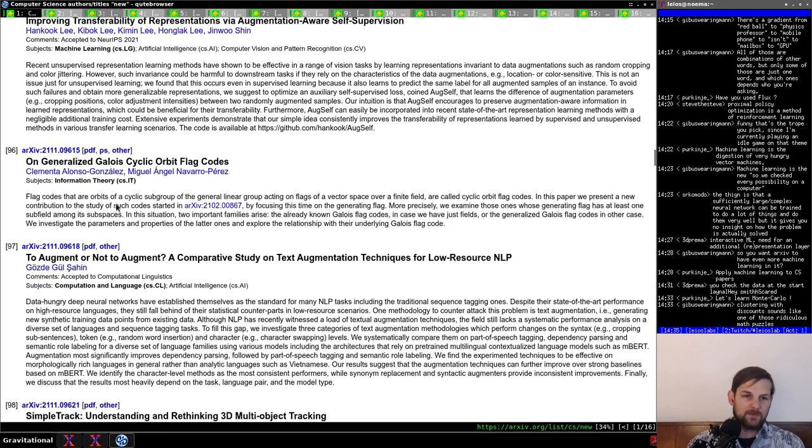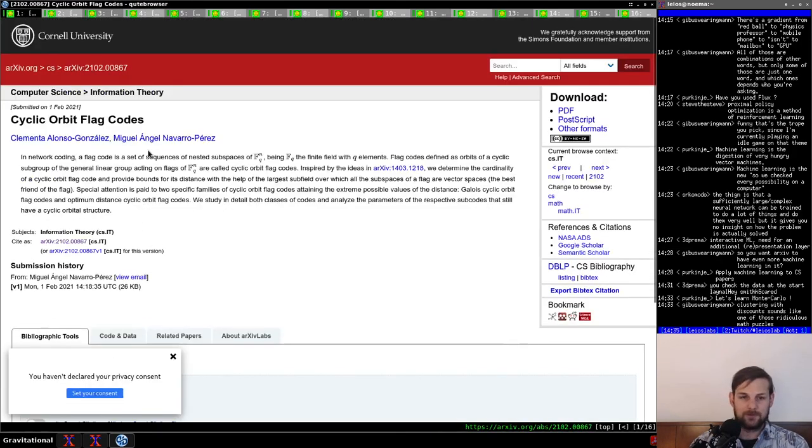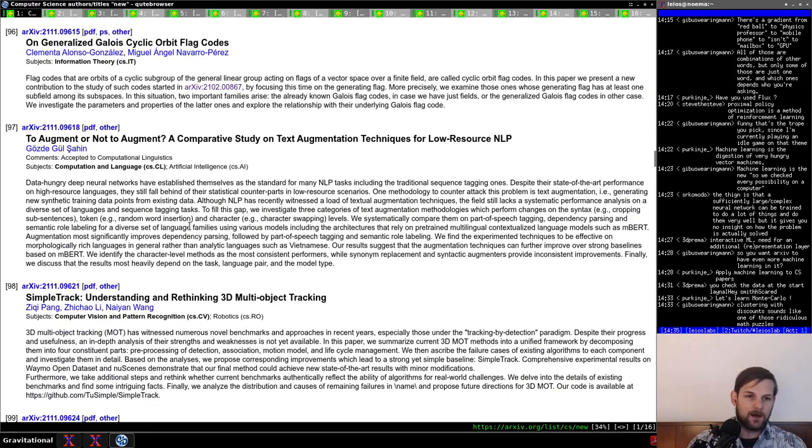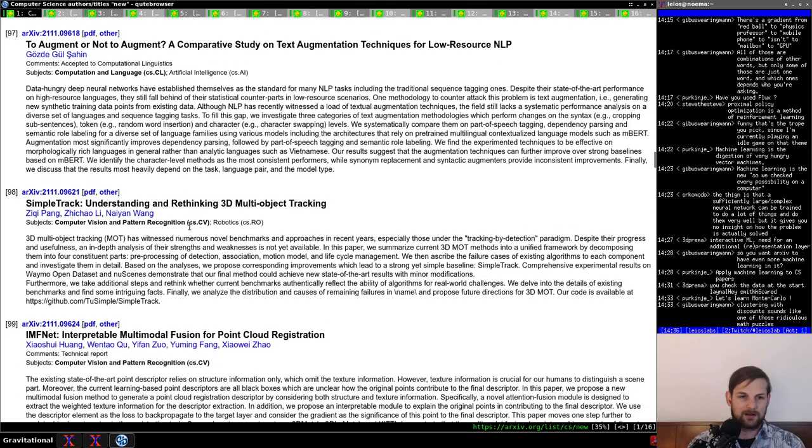Okay. Information theory on generalized Galois cyclic orbit flag codes. So I should know way more about information theory, specifically Galois groups. I know nothing about these and I should learn about them. I probably will learn about them soon. Ooh, that was a mistake. Let me go back. Okay. To augment or not to augment, comparative study on text augmentation techniques for low resource NLP.